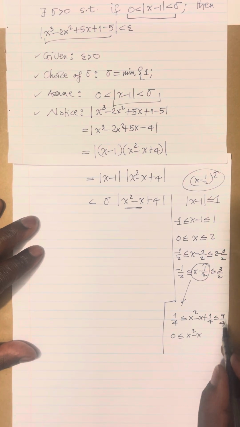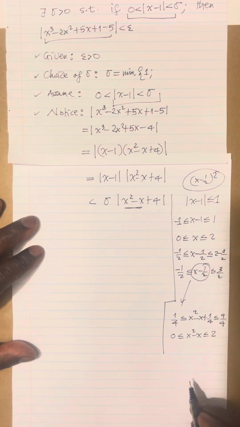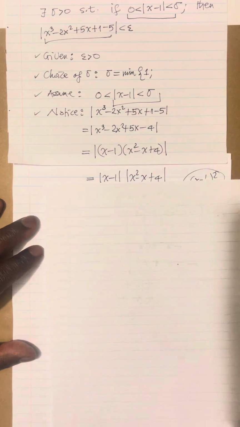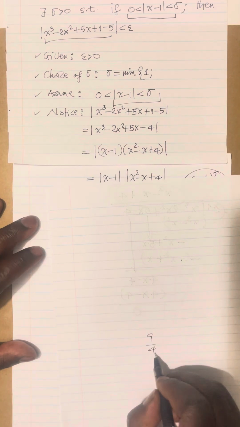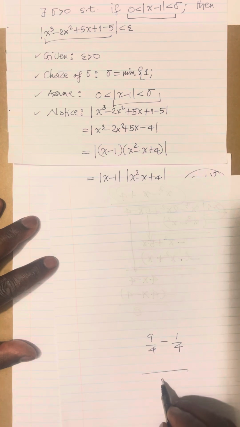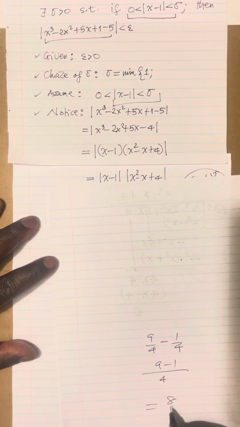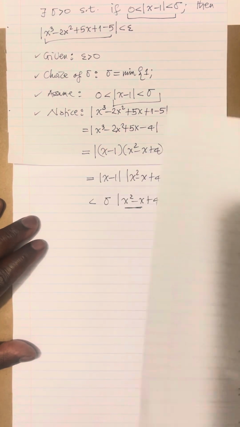Removing a quarter there, please convince yourself, 9 over 4 minus a quarter, the answer is 2. If I may just help you over here, 9 over 4 minus a quarter: the denominator is the same, that's 4. 9 minus 1 is 8 over 4, and what is 8 over 4? 2. So take note of that.